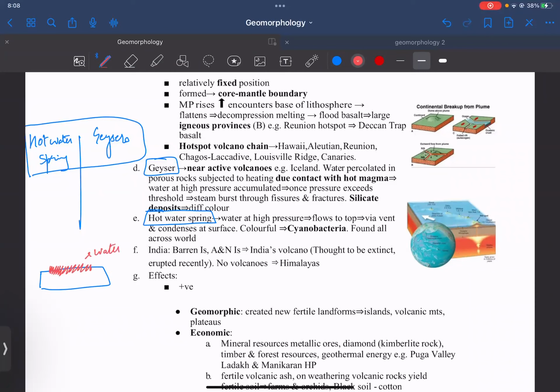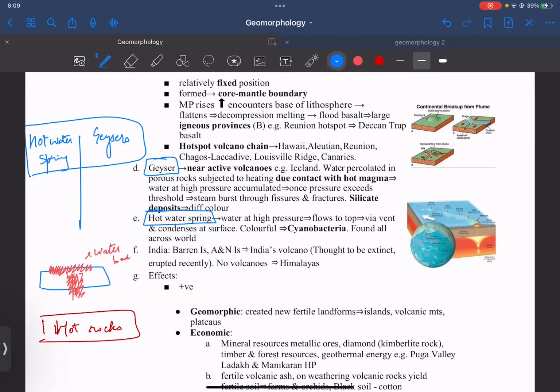Now we know the water body is connected. In the gaps of the rocks, some water will move downwards, and at the bottom you have a magma chamber. You have hot rocks, because rocks will get hot due to the presence of lava nearby.